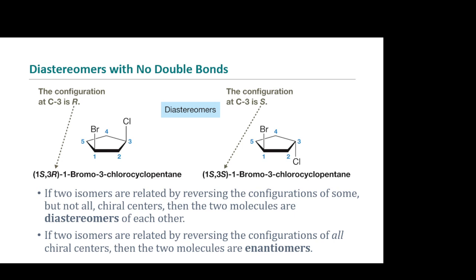So if the two isomers are related by reversing the configurations of some but not all chiral centers, then the two molecules are going to be diastereomers of each other. If the two isomers are related by reversing the configurations of all the chiral centers, then the two molecules are enantiomers of each other. And so this right here is diastereomers, where we have converted one, but not both.